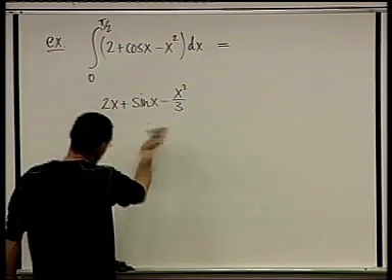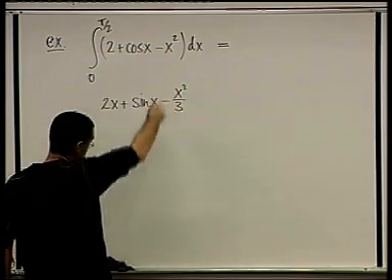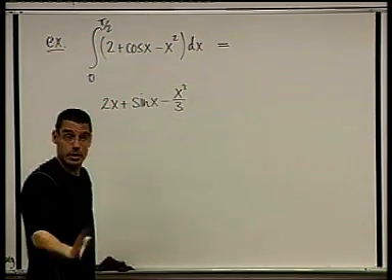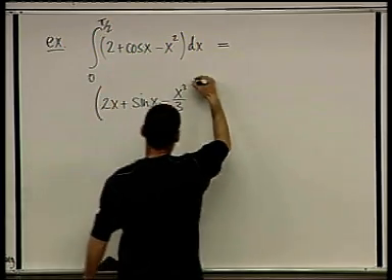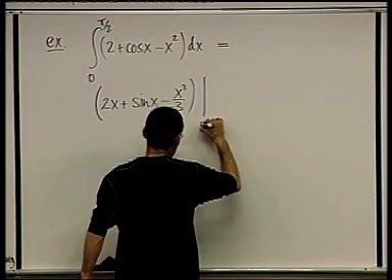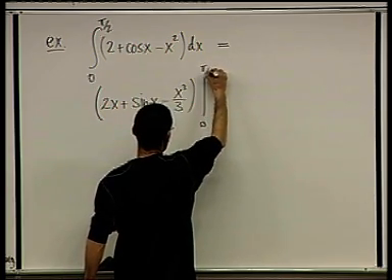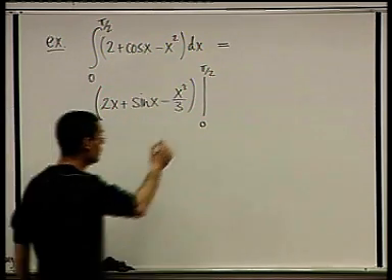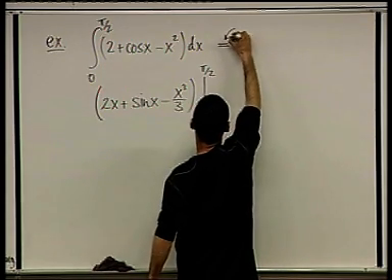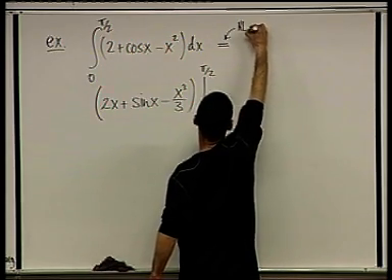In other cases, you may need to do some calculations here. I'm not saying it's always for free. This example is for free. And then evaluated between 0 and pi over 2. That's it. The snake is gone. Do you see that? So here I used Newton-Leibniz.